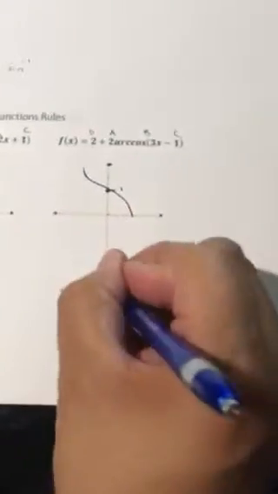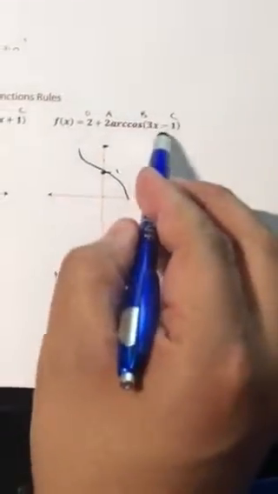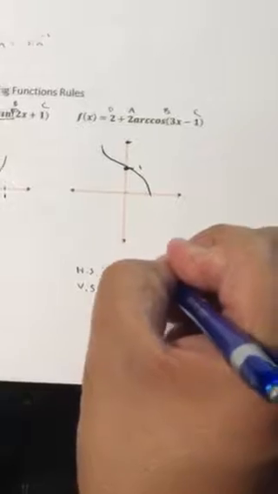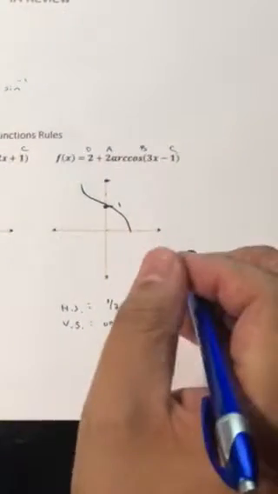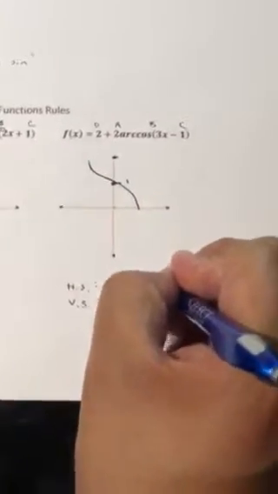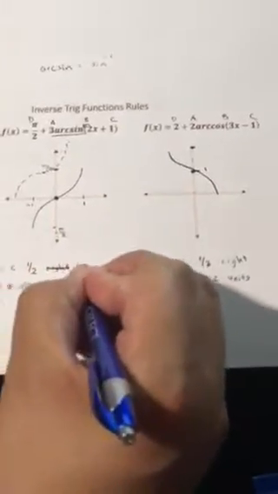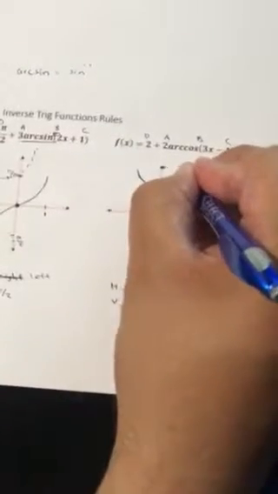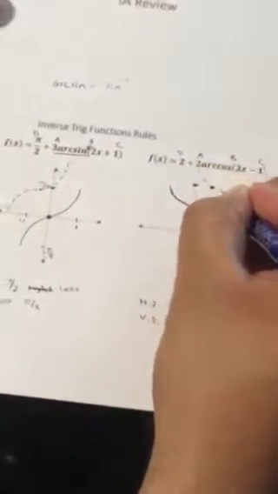I went 1 divided by 3, and since this is negative, I went to the left, I'm sorry, I put right. So I moved to the right, so I'm moving this way. My new graph is going to look like that. If you remember those tricks, you shouldn't have to deal with the rest of the problem.